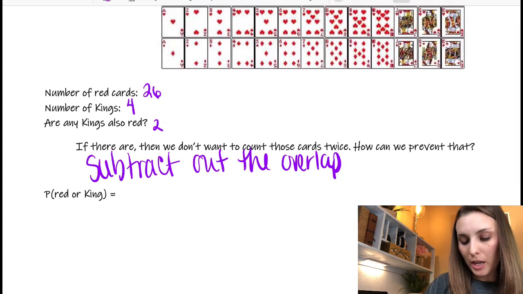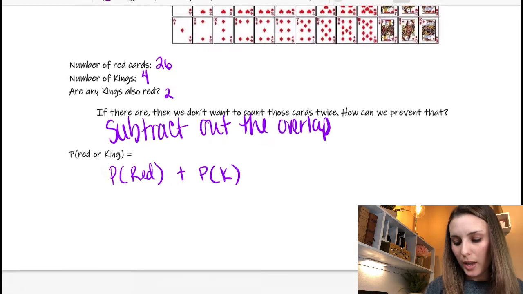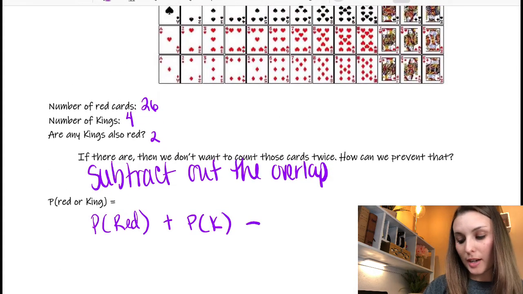So the probability of drawing a red card or a king, and then we have to subtract out the overlap.